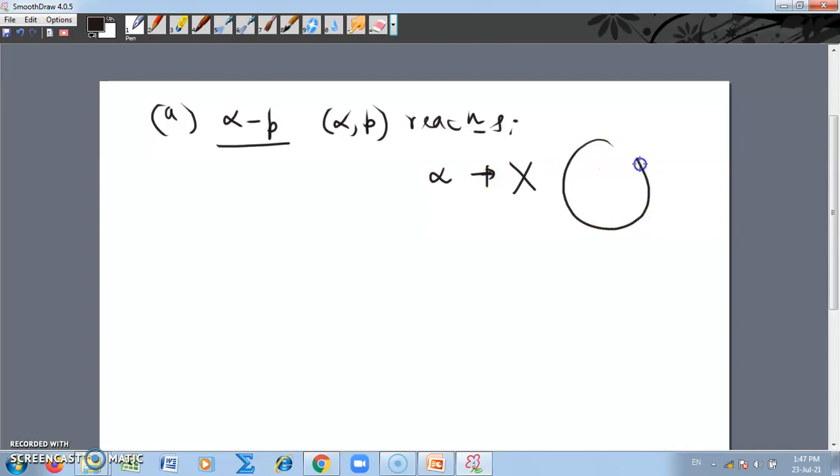A compound nucleus is formed. That means alpha is absorbed by the nucleus according to the compound nucleus theory of nuclear reactions, which we will see after some time. Due to the absorption of this high-velocity, high-momentum particle, the nucleus is set into vibrations because of this high energy.